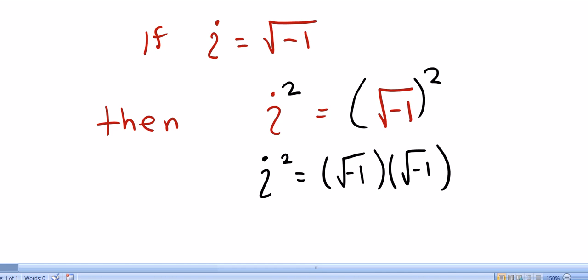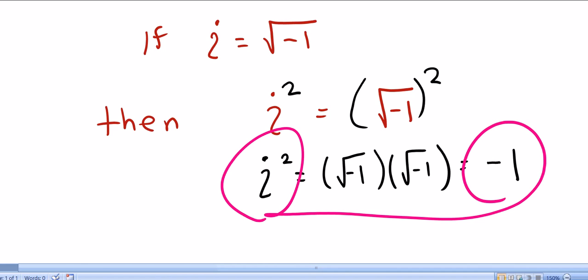And over here, we get square root of negative 1 times square root of negative 1, which ends up being negative 1. And so that's why we define I squared to be equal to negative 1. So you should be able to throw these out at any given time when needed. The fact that I equals square root of negative 1, and the fact that I squared is equal to negative 1.